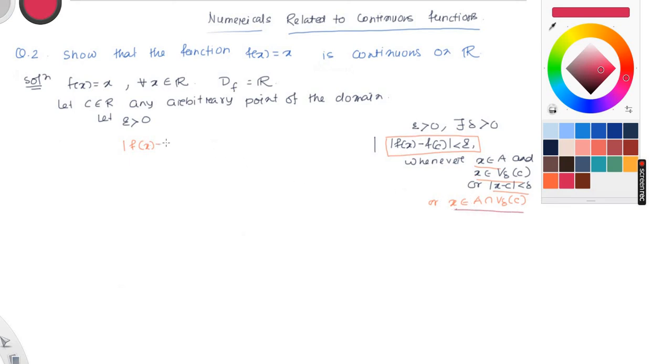So mod of f of x minus f of c, what is the value of this? The given function is f of x equal to x.